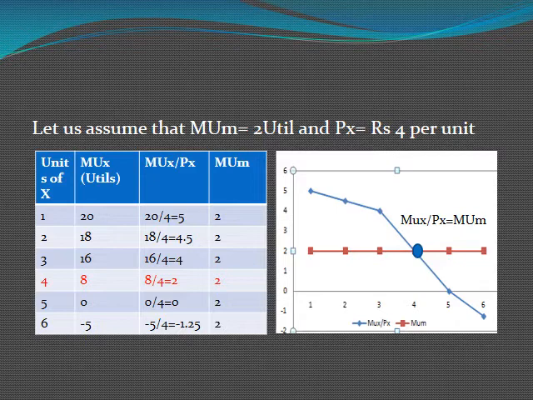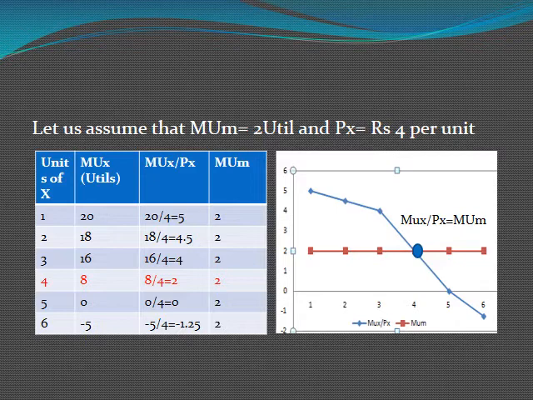So in the diagram, this horizontal red line is the marginal utility of money, constant, parallel to the x-axis, and this blue line is the marginal utility of commodity X. At the fourth unit there is an intersection between the marginal utility of X curve and the marginal utility of money. So this point is the point of equilibrium. So a consumer will be in equilibrium when he is consuming 4 units of the commodity.